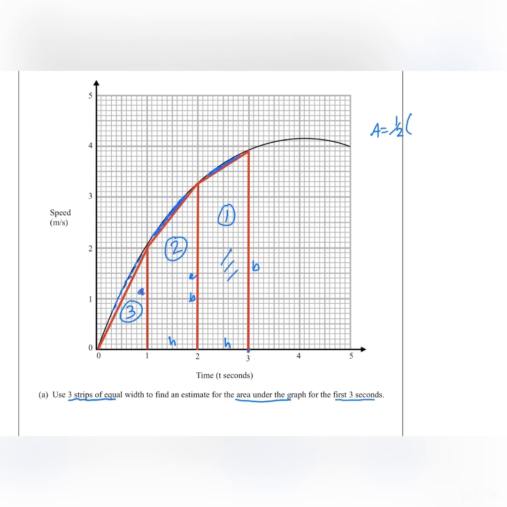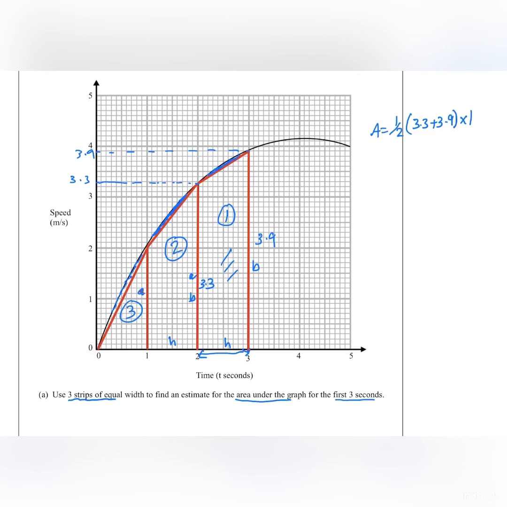Now if you look across here, again we're estimating, roughly A is 3.3, and this side here would be 3.9. So 3.3 plus 3.9, and then times by 1, because this is the height of this trapezium.